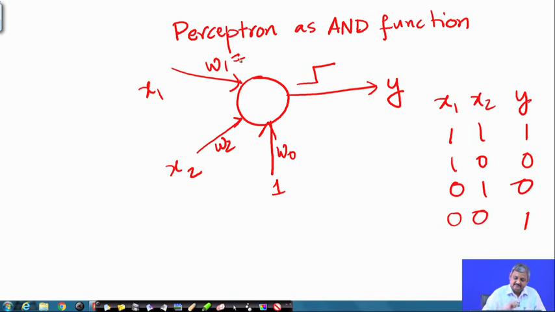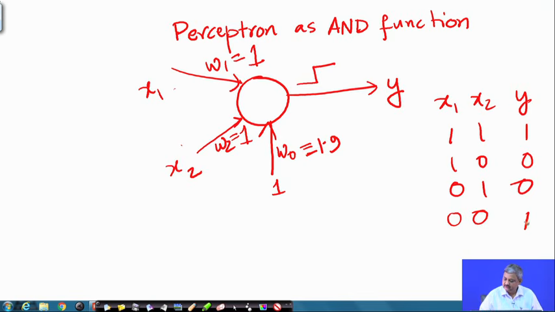So, let us try this. If W 1 is 1, W 2 is 1, and W naught is, say, minus 1.9, what happens? When this is 1, this is 1, the sum is positive. When this is 1, this is 0, the sum is less than 0, so it will come to the minus 1 side, or say 0 side, this will become 0.